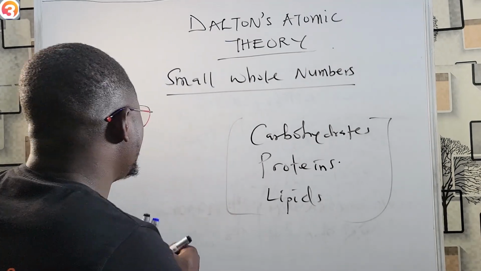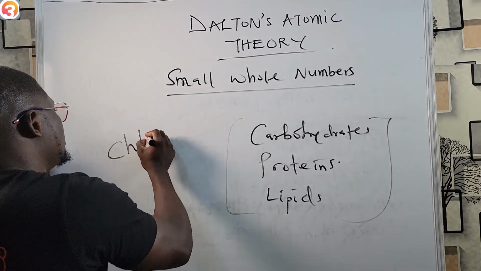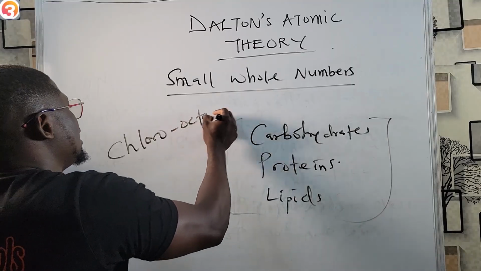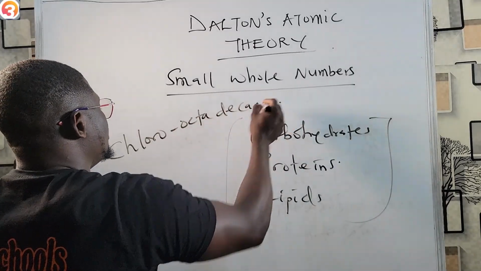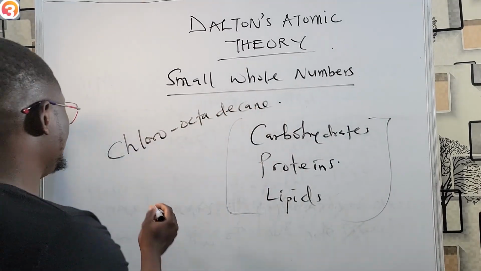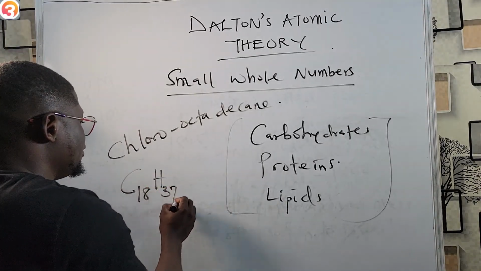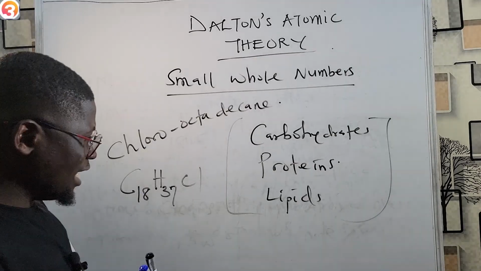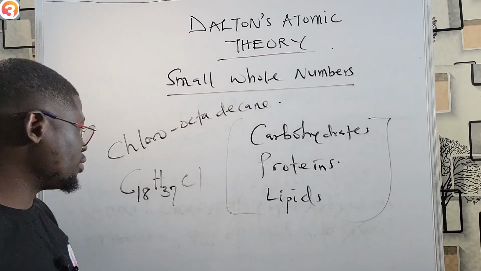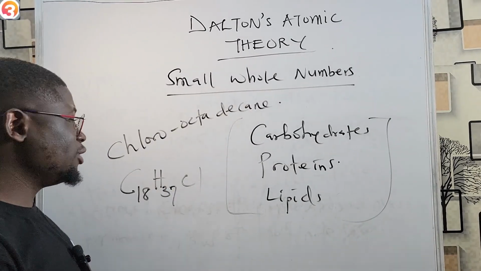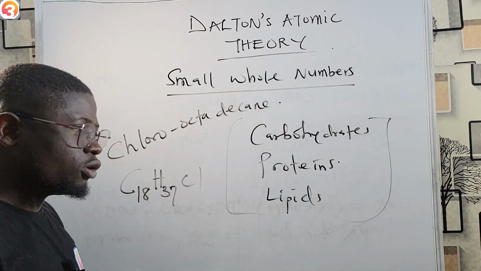For example, take a compound like chlorooctadecane, having a chemical formula of C18H37Cl. You can see that the atoms of carbon, hydrogen, and chlorine here do not combine in small whole numbers at all.